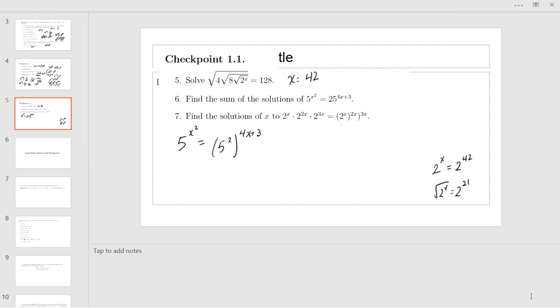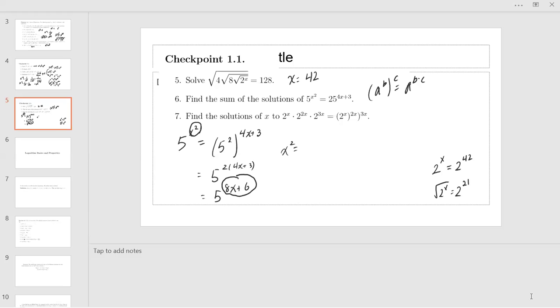And using the fact that a to the b, the whole thing to the c, is equal to a to the b times c, this is equal to 5 to the 2 times 4x plus 3, which is equal to 5 to the 8x plus 6. Hence, we must have that x squared is equal to 8x plus 6.